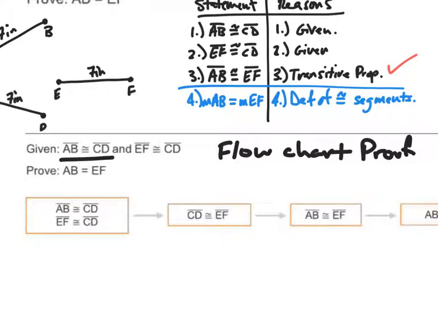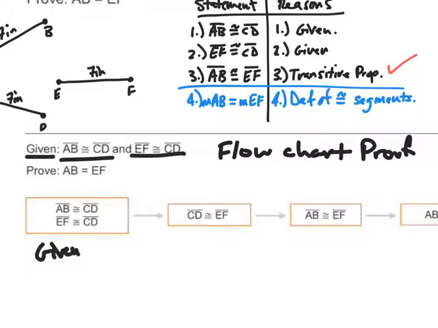AB is congruent to CD, EF is congruent to CD. That's under the given category. The first box is the given. And then to go from this step to this step, instead of saying EF is congruent to CD, they say CD is congruent to EF. Anybody know what property that is?